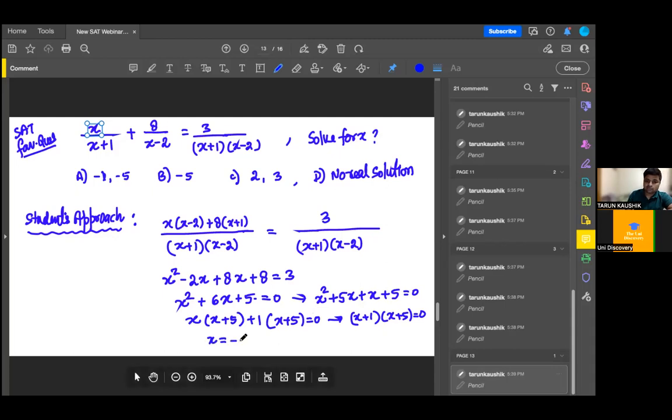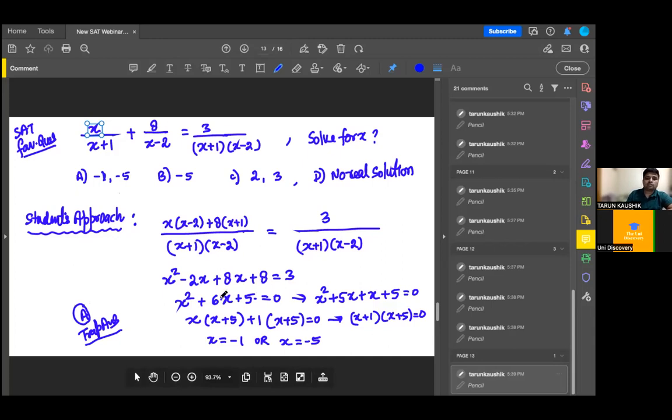That means either x is equal to minus 1 or x is equal to negative 5. Most of the students do it this way, which is 80% correct, and they come up with the answer as A. But again, let's see why this A is not the correct answer.